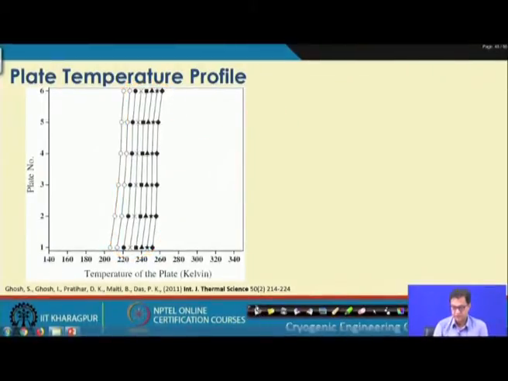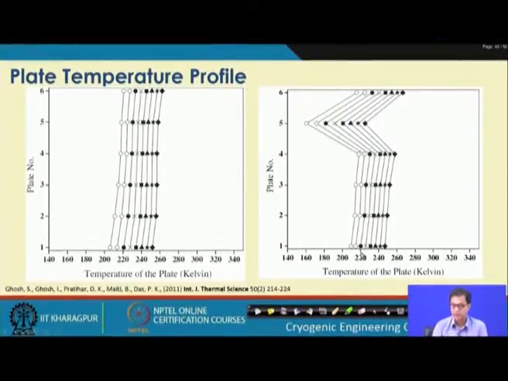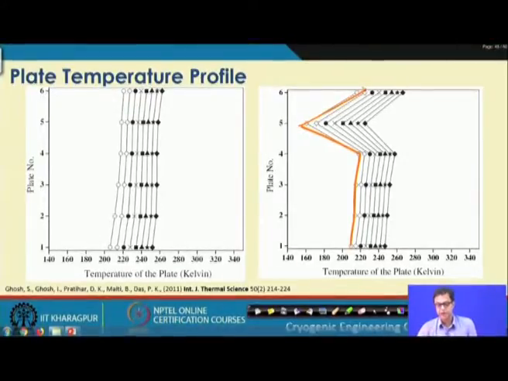But if it is not the optimum stacking pattern, when it deviates from it, we find that the plate temperatures at a particular location deviate like this, and in fact this will also deviate if you do the cumulative heat load calculation.